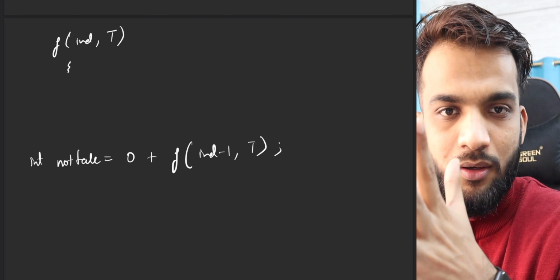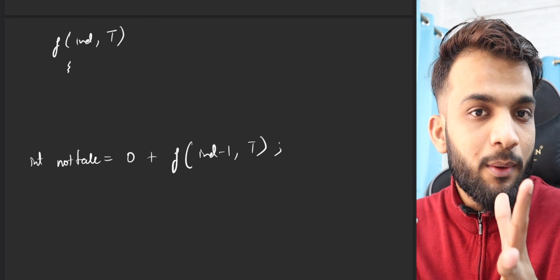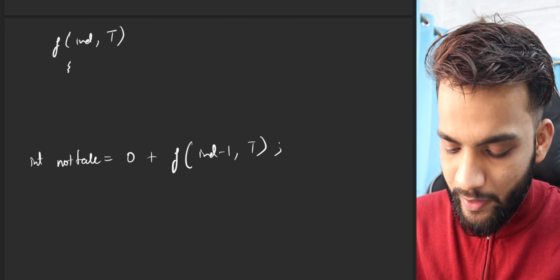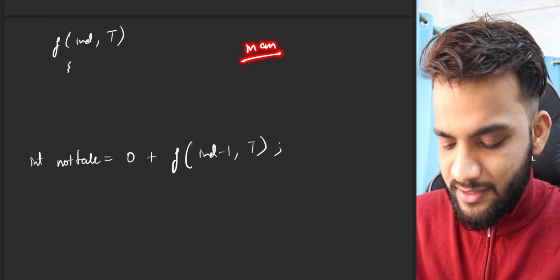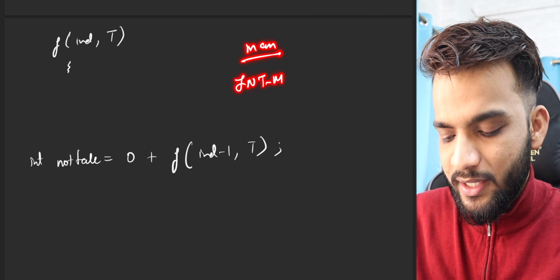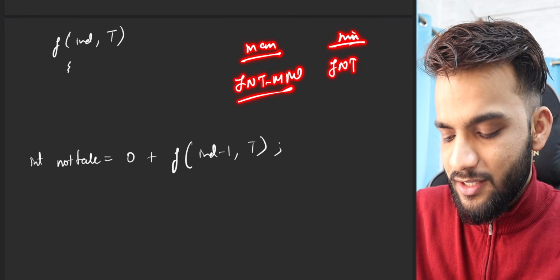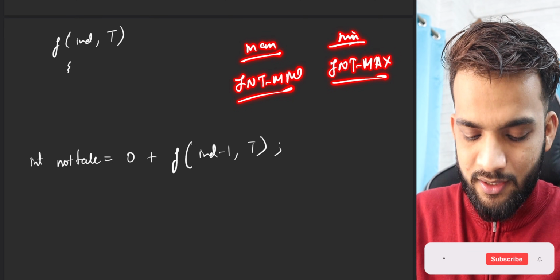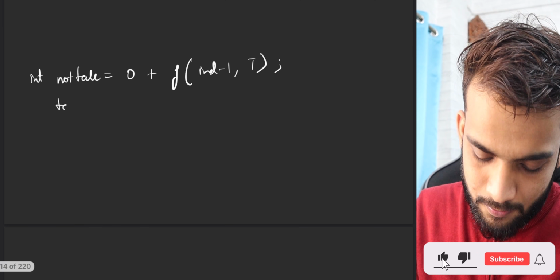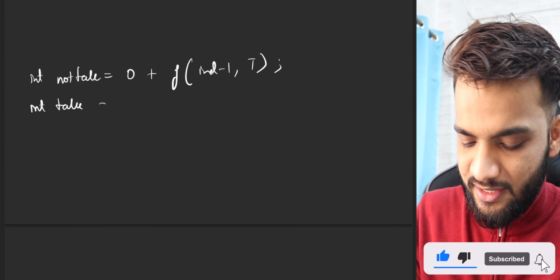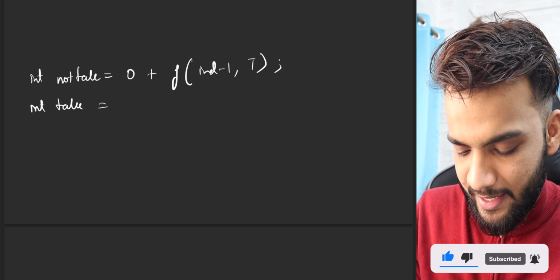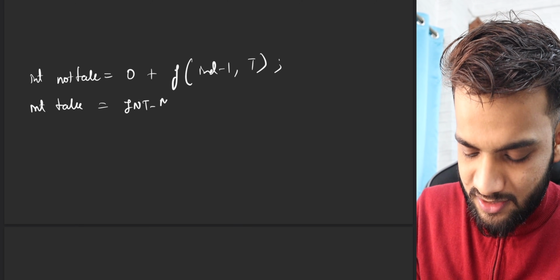If you're taking, now you're looking for minimum. If you remember, I told you, whenever you're looking for maximum, assign everything to int min so that it's not considered. Whenever you're looking for minimum, assign everything to int max so that it is not considered. So if you're taking it, make sure take is initialized as int max.